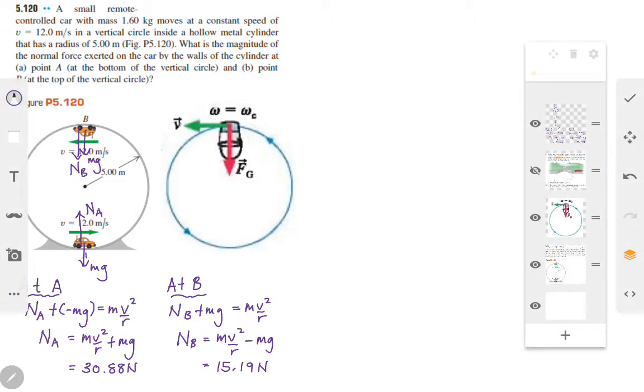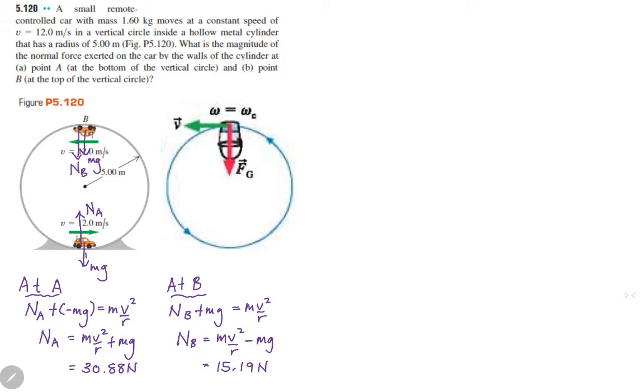I also want you to be aware that the same concept applies where you have water in a bucket. Imagine yourself as the water inside the bucket, and you have this normal force acting to hold the water in. You also have the weight of the water.